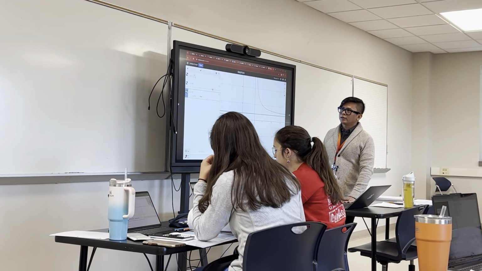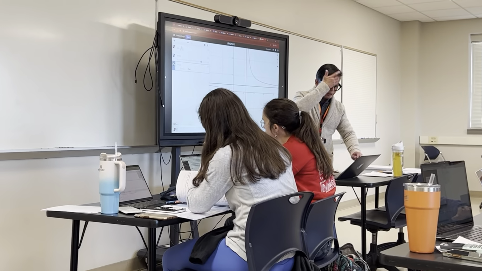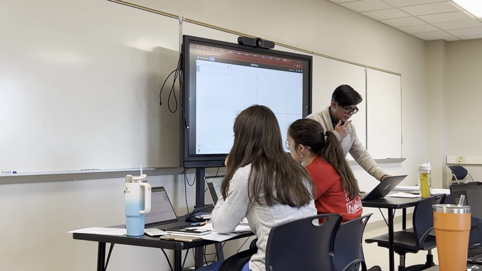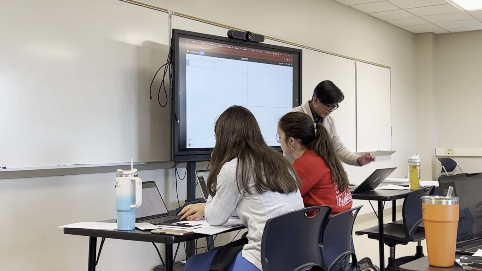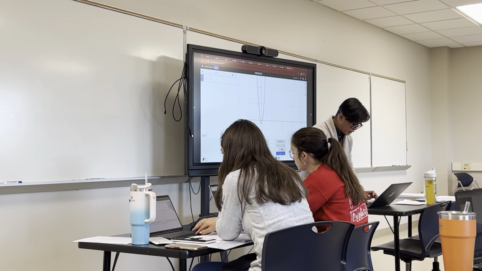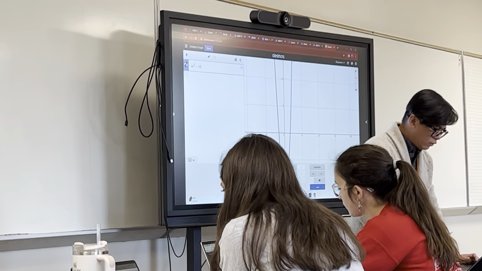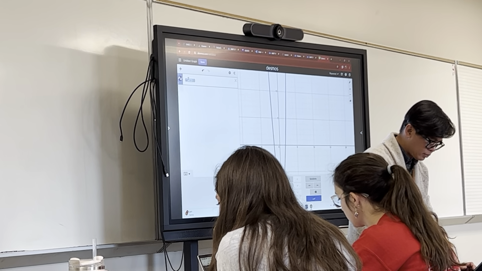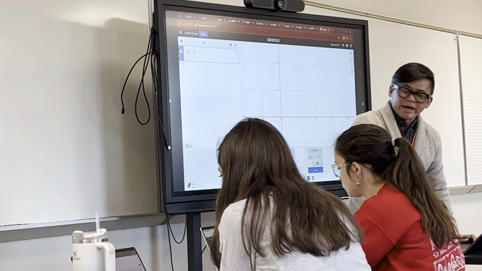Let's graph the function first. Here it is: 4x squared minus 10, all over x minus 2.